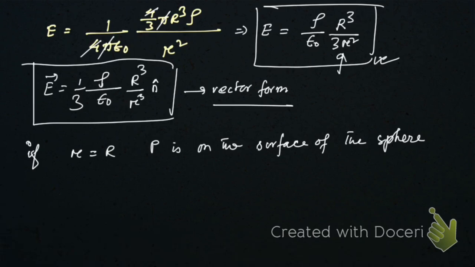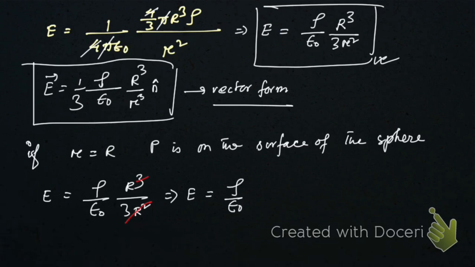Just replace the small r by capital R. Then E will be equal to rho by epsilon naught, capital R cube by 3 into capital R square, and R square cancels R cube to give electric field E is equal to rho by epsilon naught, capital R by 3. That is what we will get.